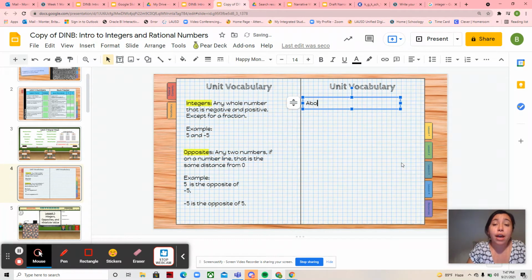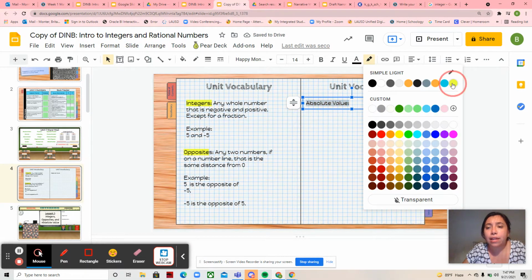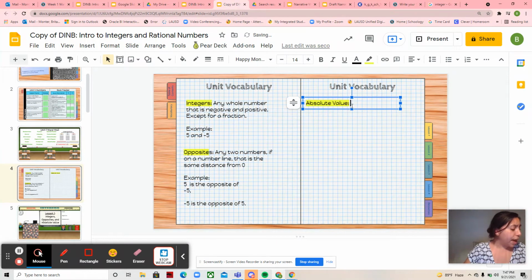All right, so another key detail I want to go over is absolute value. You're going to hear a lot about absolute value. And let's quickly review what that is. Absolute value, highlight that in yellow. Absolute value is a number's distance on a number line.